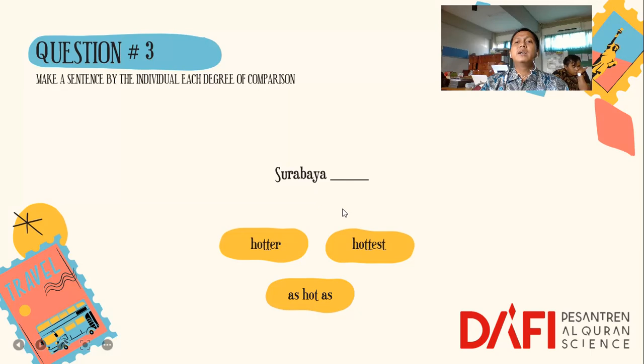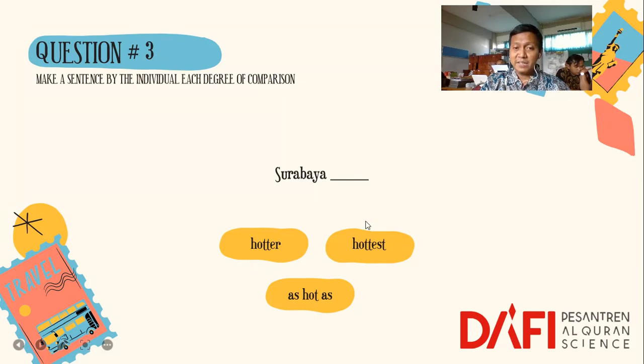Especially for this adjective, hot. Hot is very different from other adjectives. Hot, double T. Don't forget it, be careful. Hot changes to hotter if you take the comparative degree.